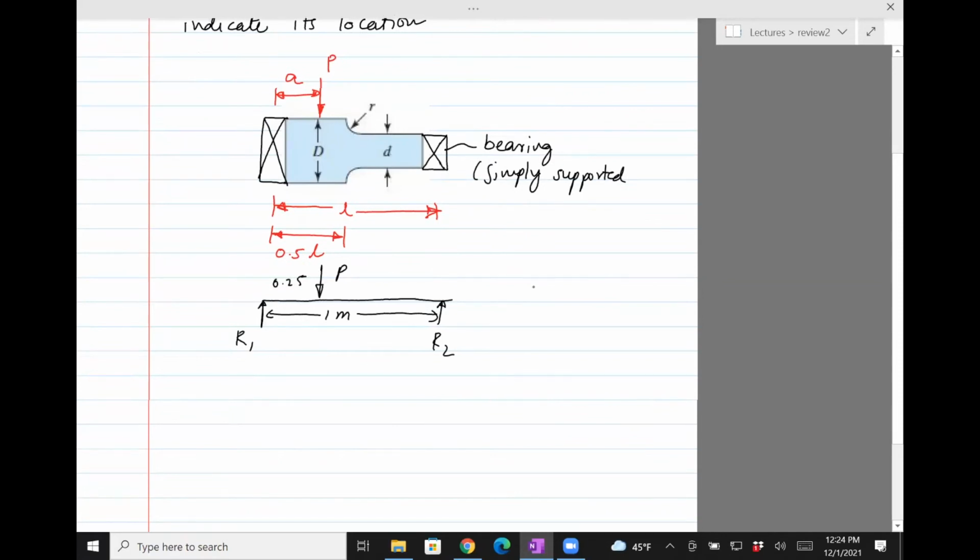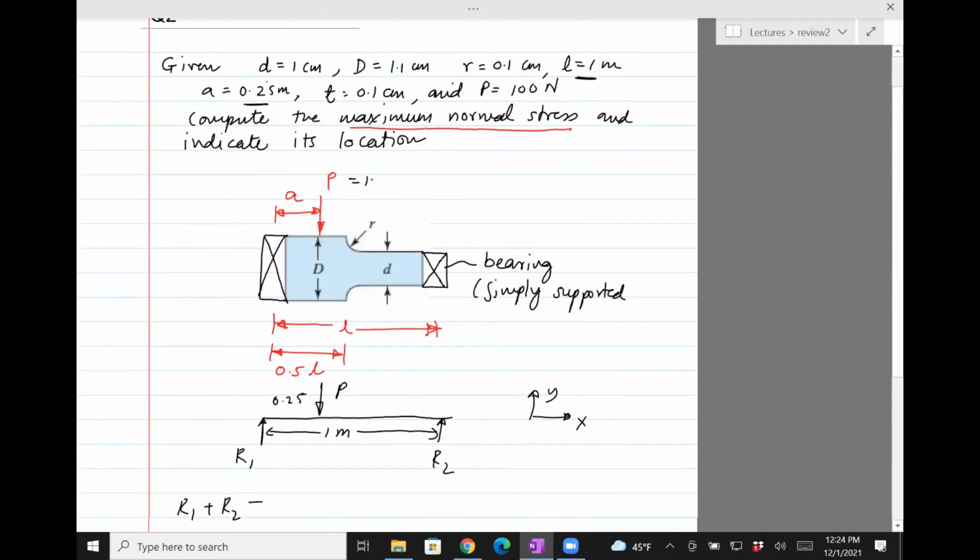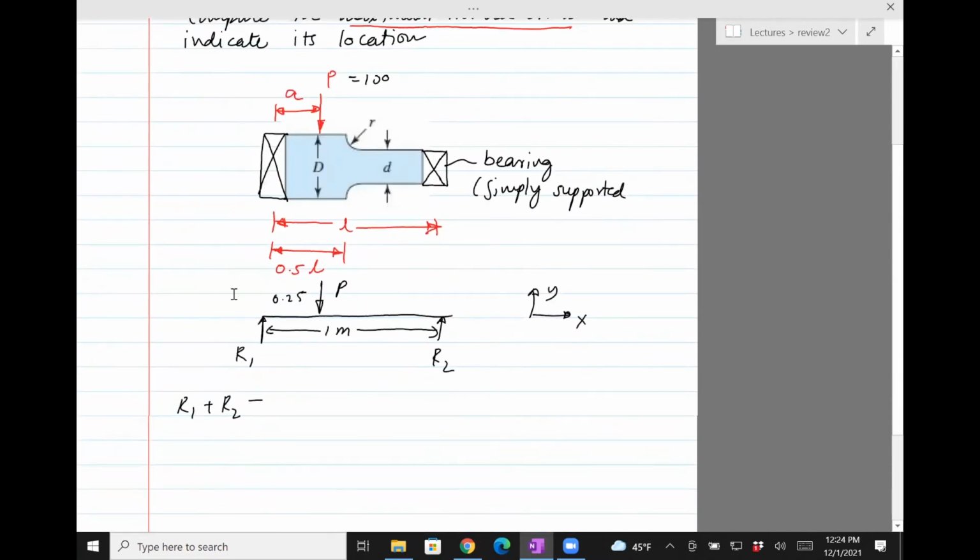Summation in Y: R1 plus R2 minus P, which is given as 100, equals 0. And so that gives me R1 plus R2 equals 100.